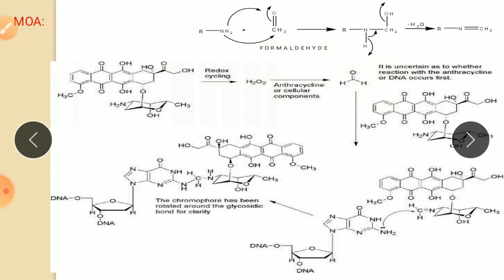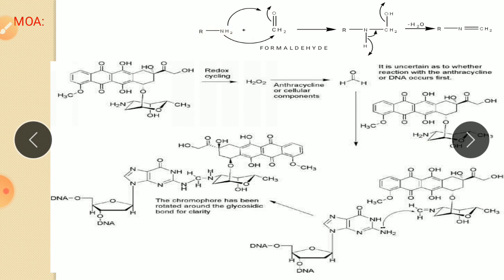Then this formaldehyde reacts with another molecule of anthracycline. The NH2 group of anthracycline, the amino sugar NH2 group, reacts with this formaldehyde by this mechanism. Here there is RNH2. Suppose we consider R equal to this whole structure of anthracycline, and this NH2 is equal to this NH2.